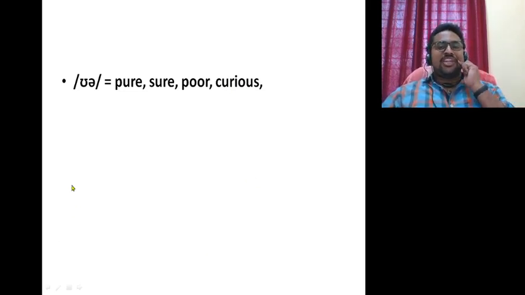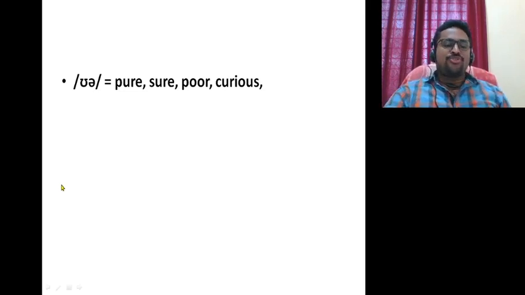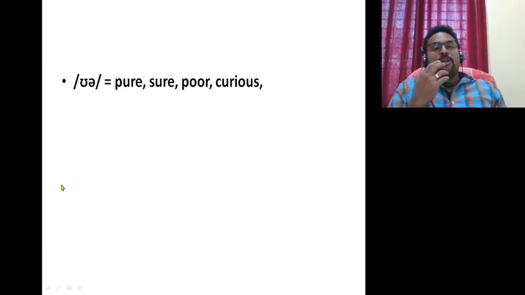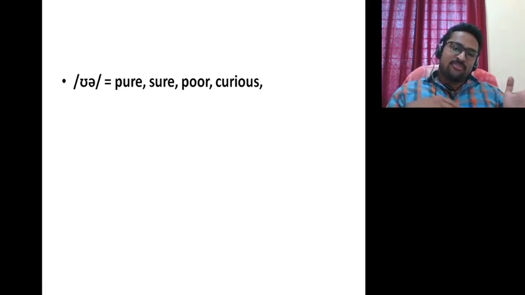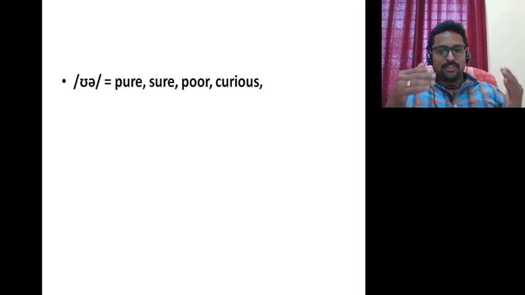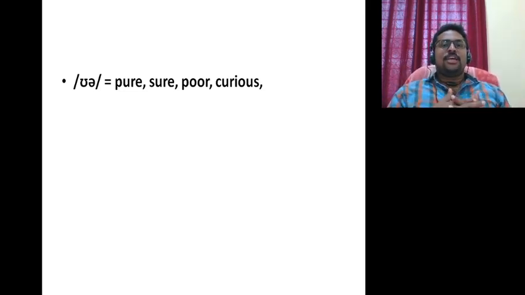Now we have finished vowel sounds in English. How many sounds we have in English? We have 44 sounds. In 44, we have 20 vowel sounds. 20 vowel sounds we have discussed till now. In the previous class, we have discussed monophthongs. In today's class, we have finished diphthongs.